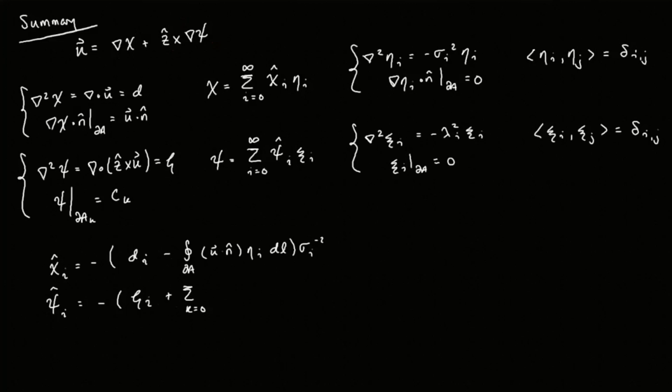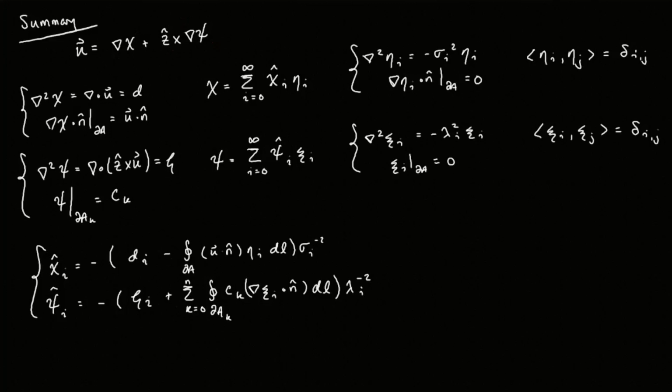This is the sum over the boundaries of our problem, partial ak, ck, and we have grad ci dotted with n hat dl. And then here we have lambda I to the minus 2. So these are our spectral coefficients.